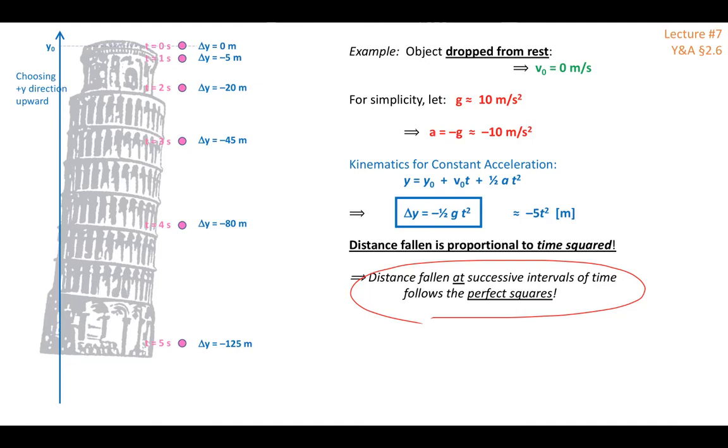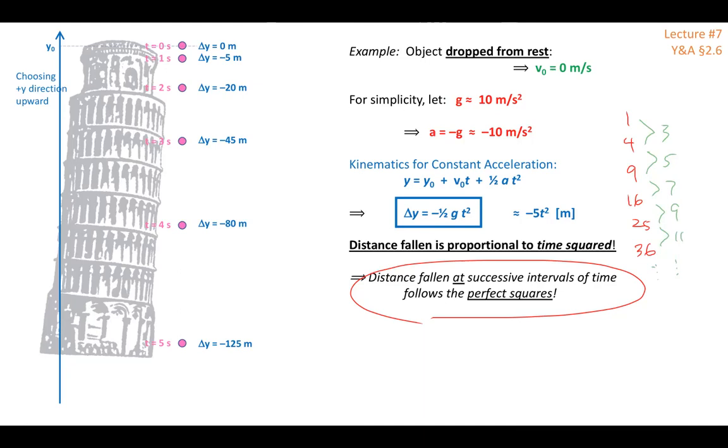It just so happens it is a nice fluke of the perfect squares that when you take the differences between the perfect squares, 1, 4, 9, 16, 25, and so on, it so happens that the differences between these just happen to follow the odd numbers, and so on.